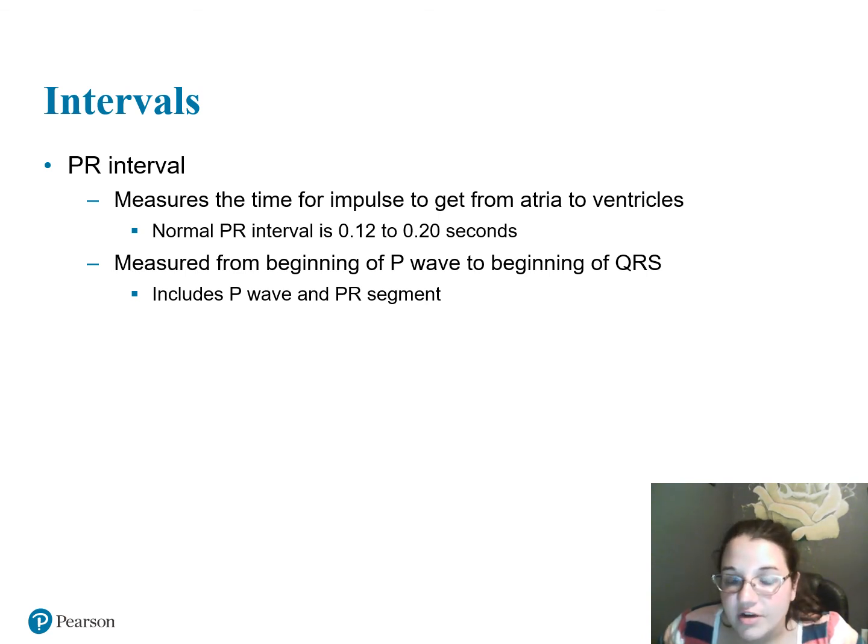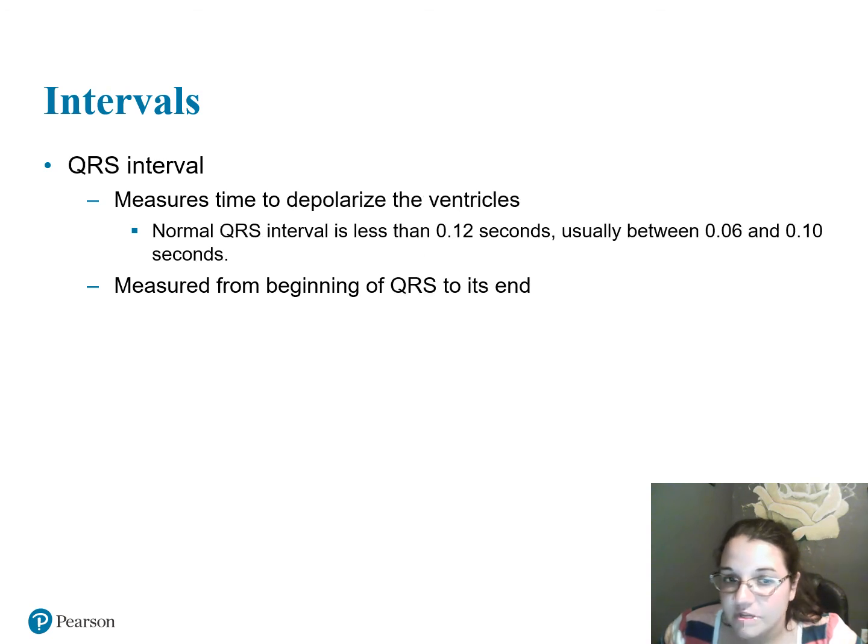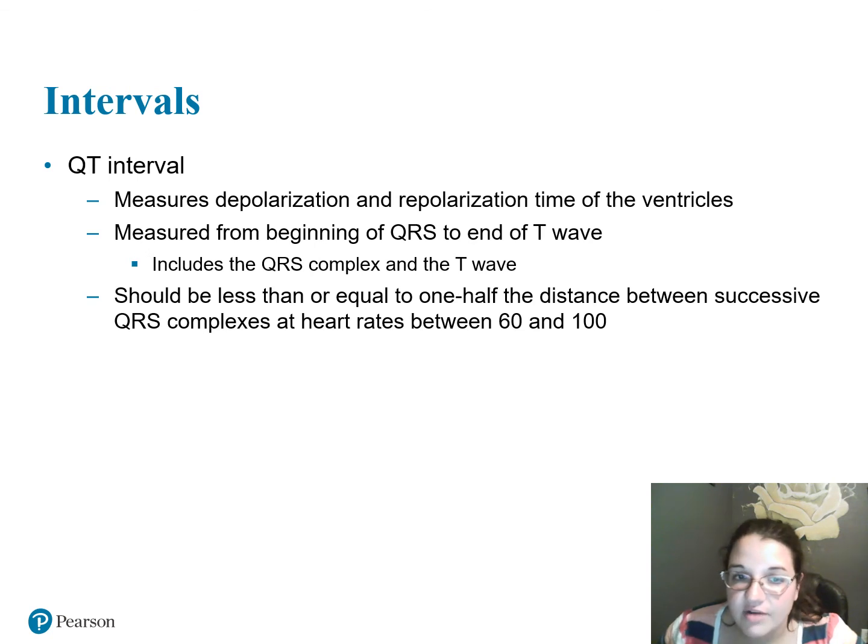So for my PR interval on your notes, you should be writing PR interval is 0.12 to 0.20, and it is measured from the beginning of the P wave to the beginning of the QRS. The QRS is going to measure the time that depolarization occurs. So a normal QRS needs to be less than 0.12 seconds. It is measured from the beginning of the QRS to the end of the QRS. And then your QT interval measures depolarization and repolarization time of the ventricles.